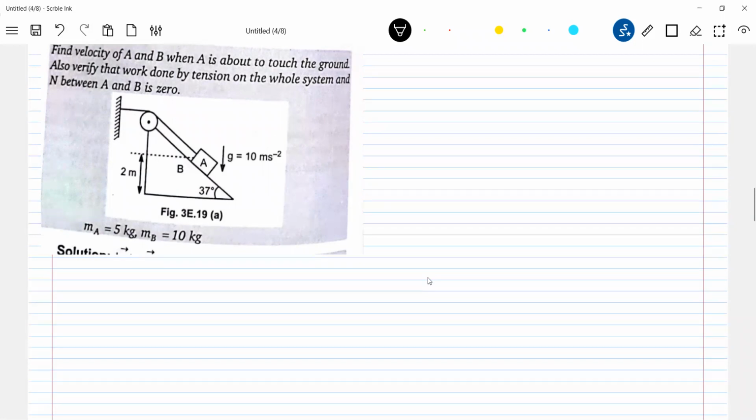I'll complete the diagram. So this is the ground. Mass of the blocks are given. The system is released from rest.